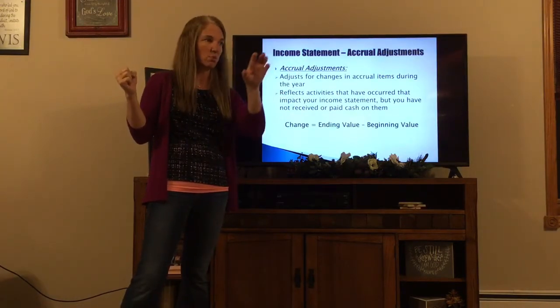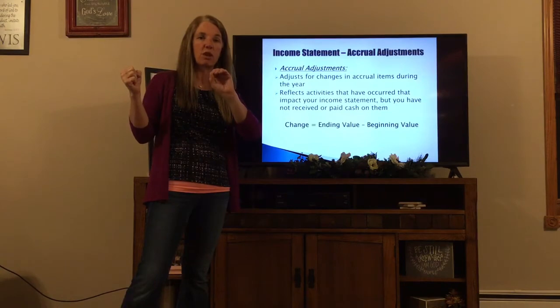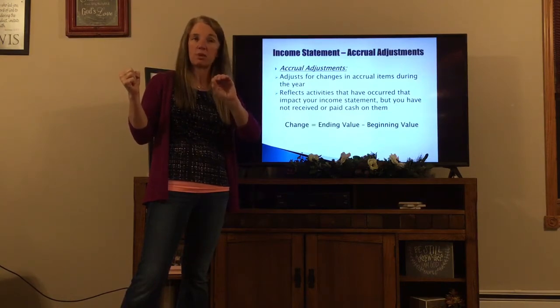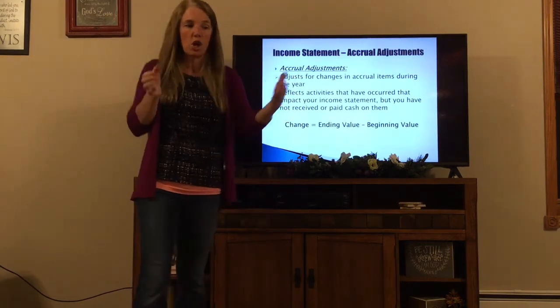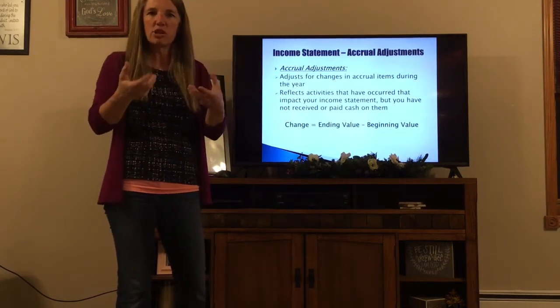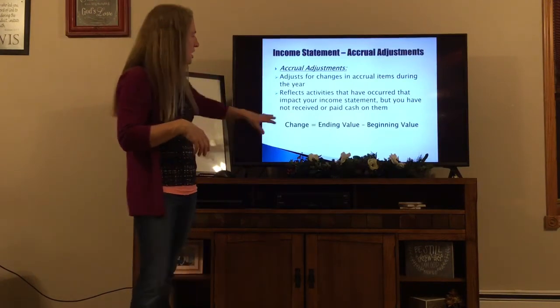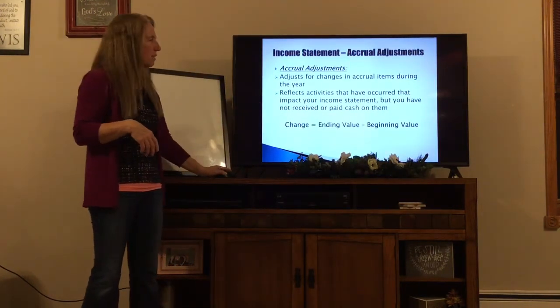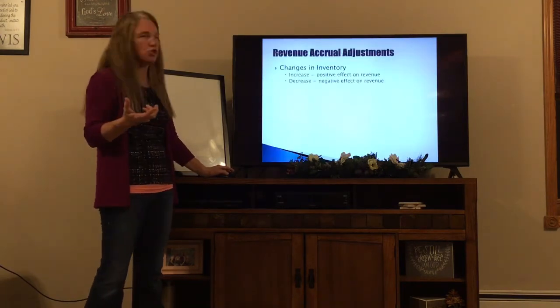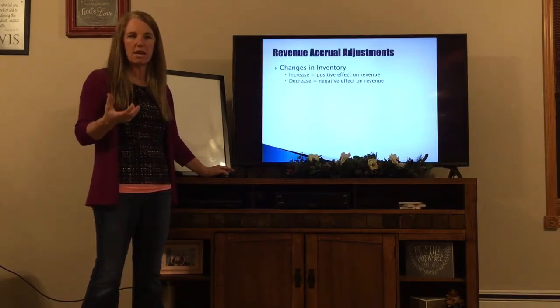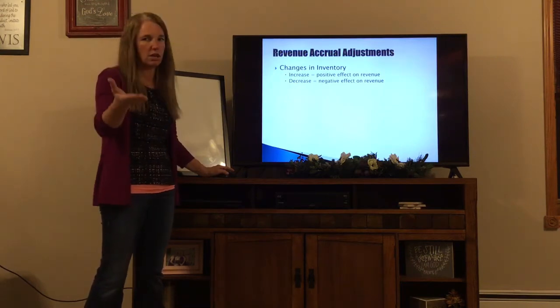We produced it, we have generated it, but we have not received the income on it yet because we haven't sold it and gotten the cash. It's still income to us from an accrual standpoint. So from an accrual adjustment, we simply look at how that particular hay inventory has changed and we compare those ending and beginning values. So as we think about that, here are the major inventory adjustments we make on an accrual basis in our income statement.